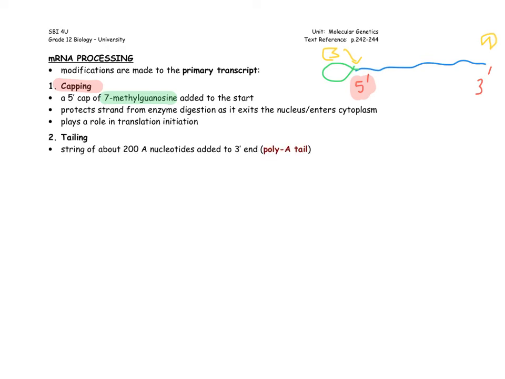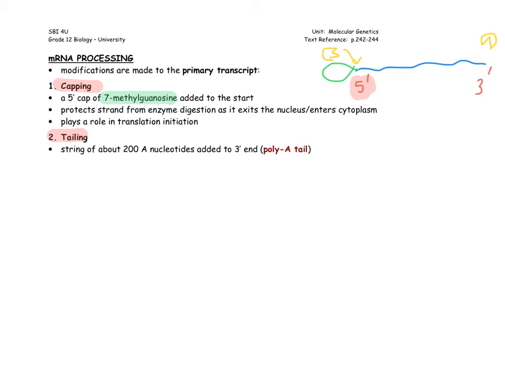A second thing that happens here is that there is also some tailing that goes on. We've talked about the cap at the top, at the 5' end. At the 3' end, we have a tail that is about 200 adenine nucleotides long.